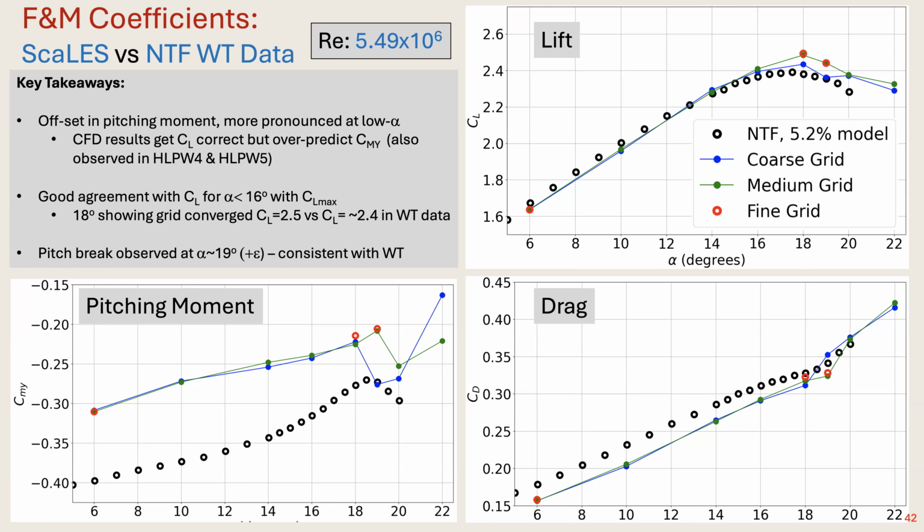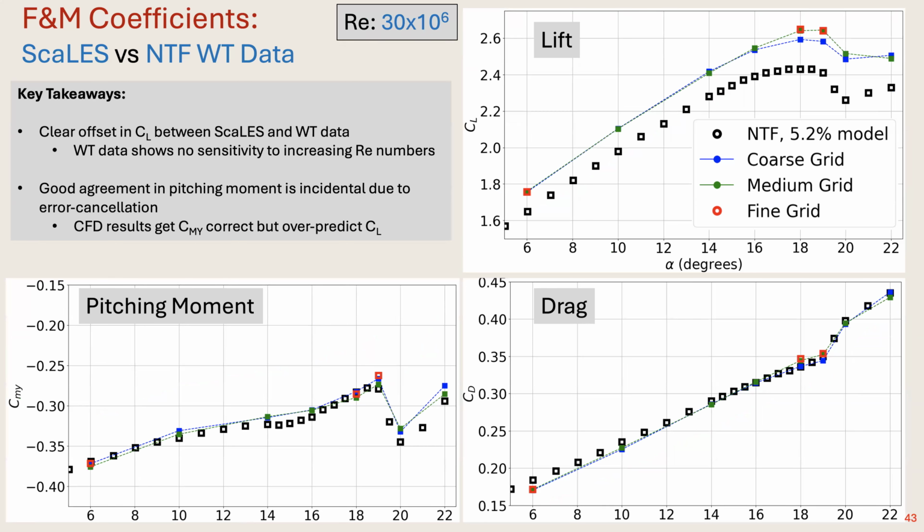You have good CL agreement up to 16 degrees, and then CL max for converged CFD gives a value of 2.5, but wind tunnel gives 2.4. And pitch break is observed almost similar to wind tunnel data, that's 19 degrees. And this is for Reynolds number 5.5.